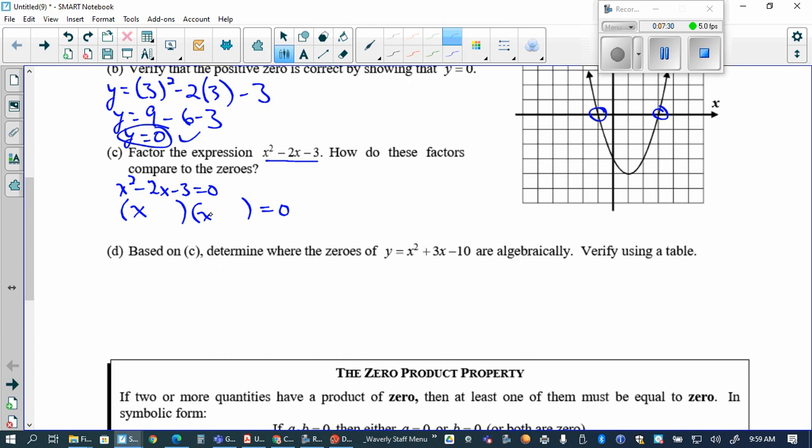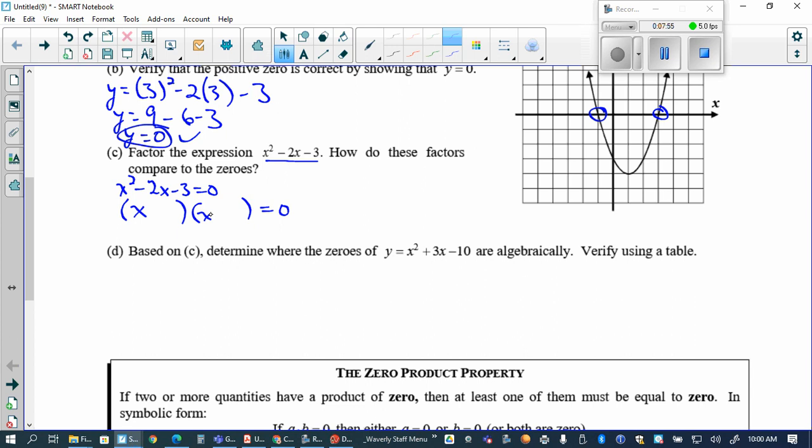I need two numbers that multiply to -3 and also add to -2.